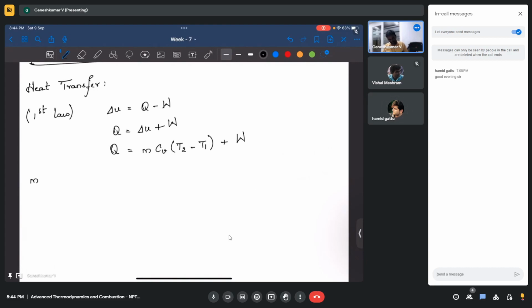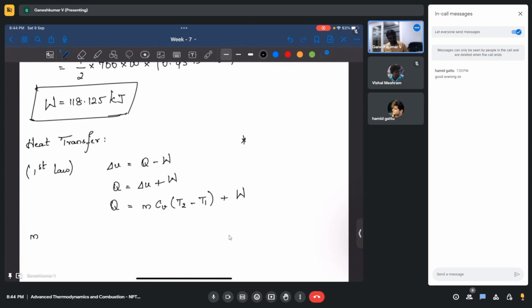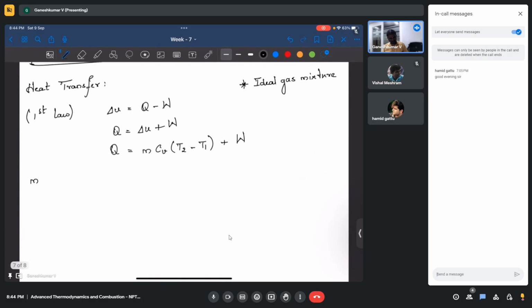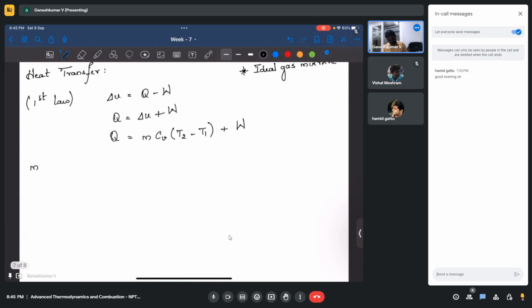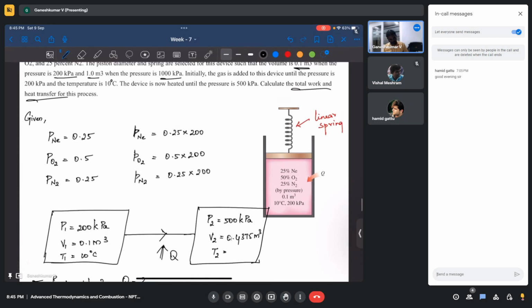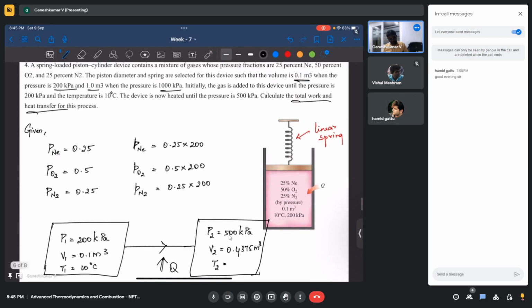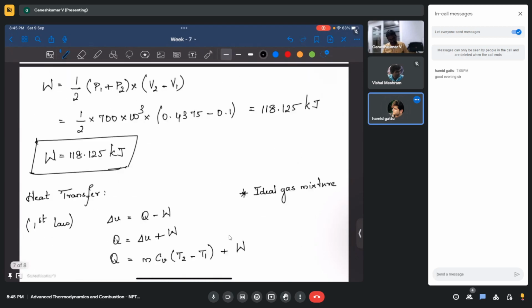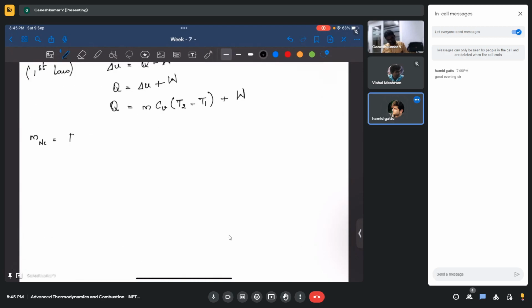For mass, you can again assume ideal gas mixture and ideal gas constituents. For neon, PV is equal to mRT.